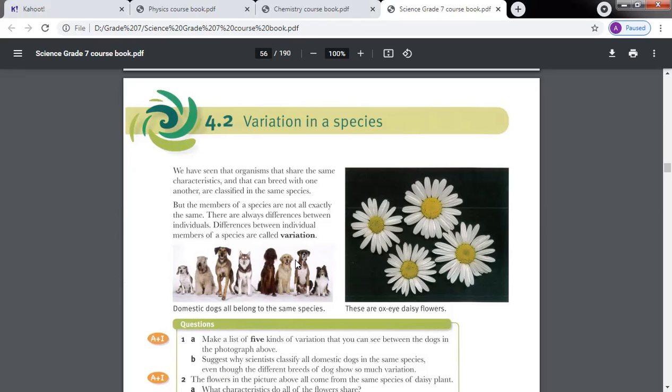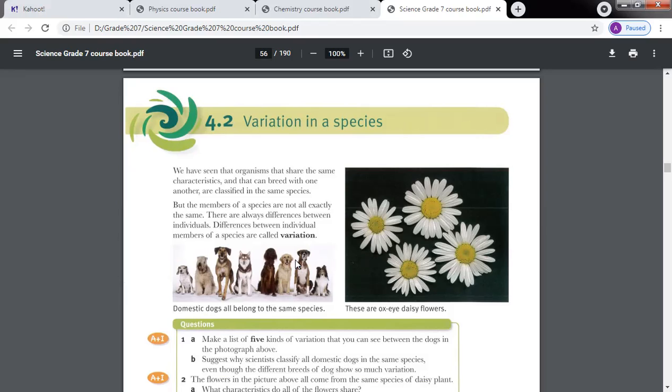Some are small in size, some are big, some have long ears, some have short ears, some have a short and sharp mouth, and some have big. Okay, and you can see that they have different colors, not one color. These differences are called variation in a species.